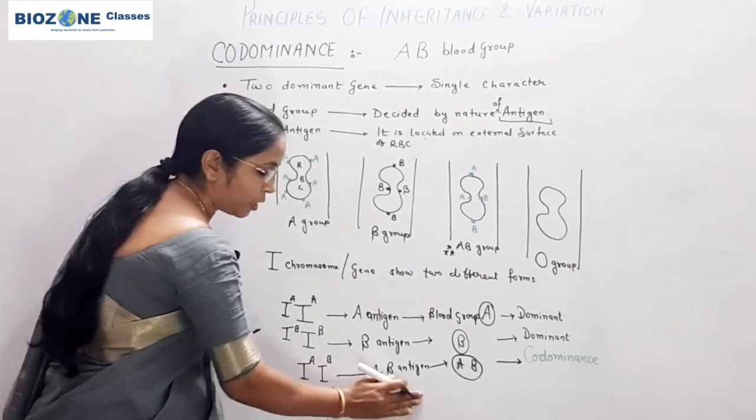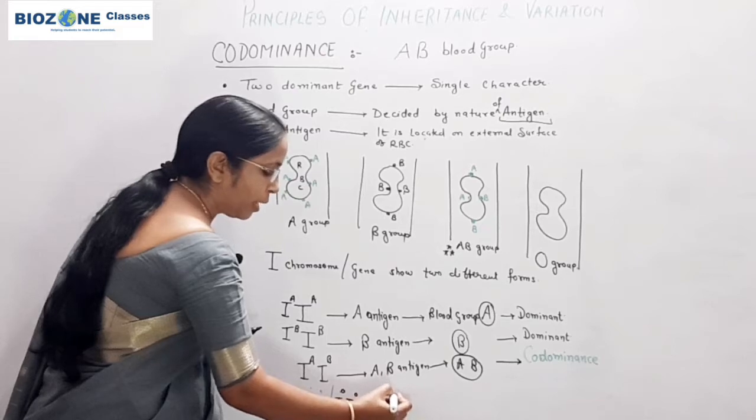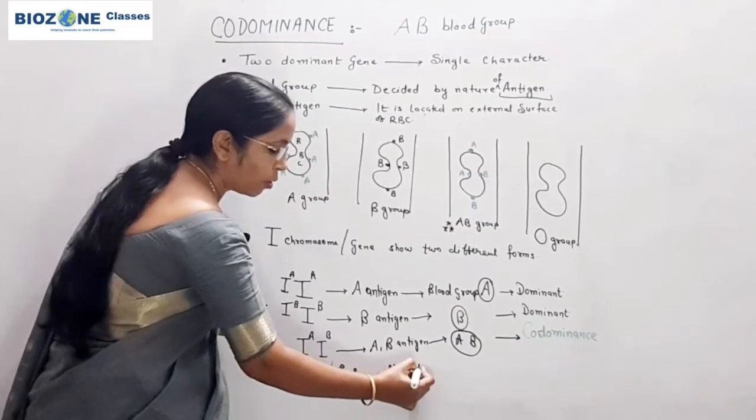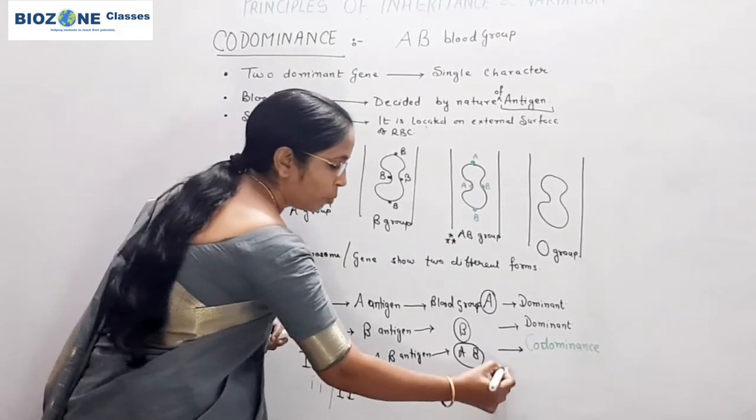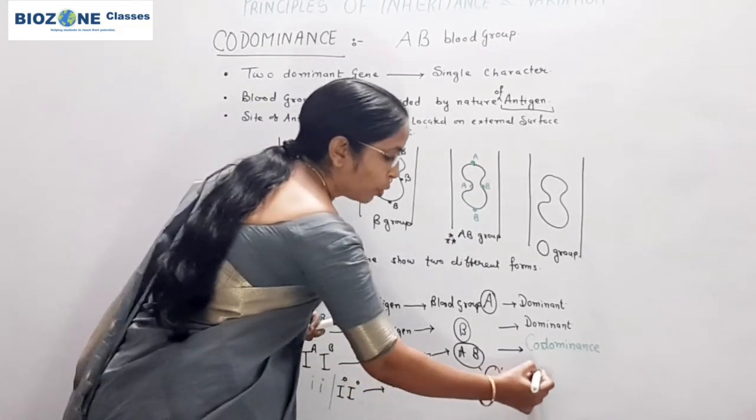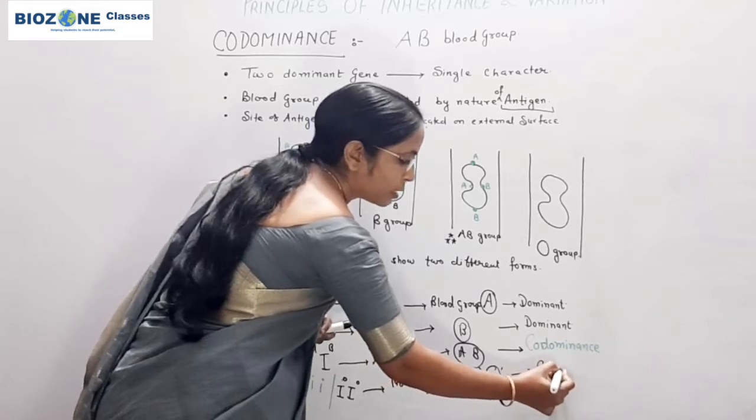Due to complete absence, no antigen is available, or zero antigen is available, and the blood group is said to be O, and this O is a recessive gene.